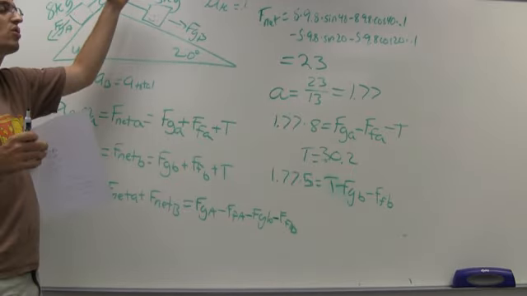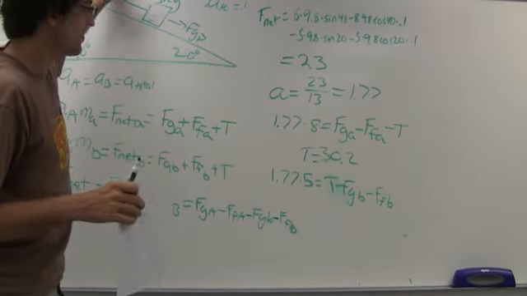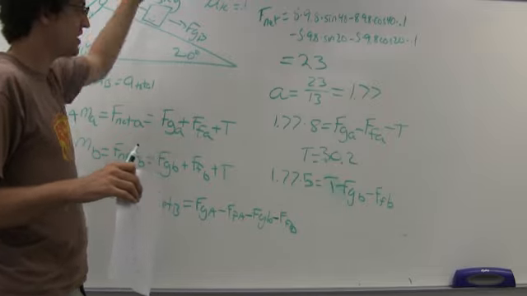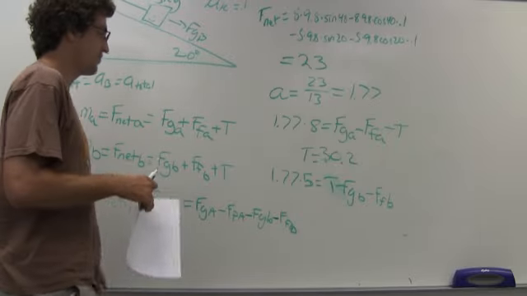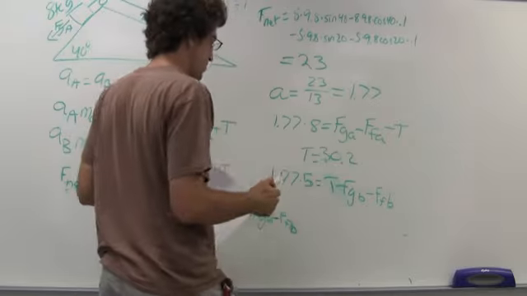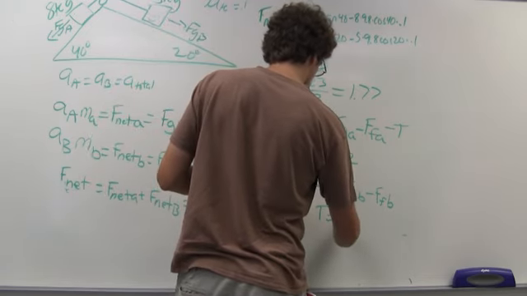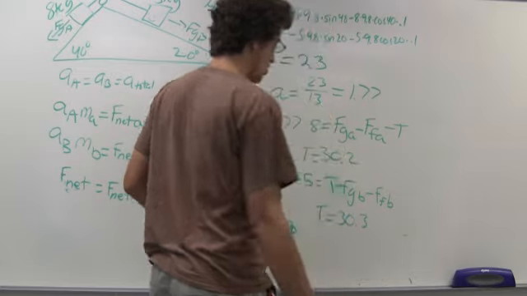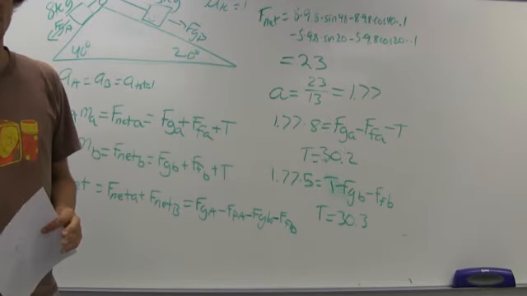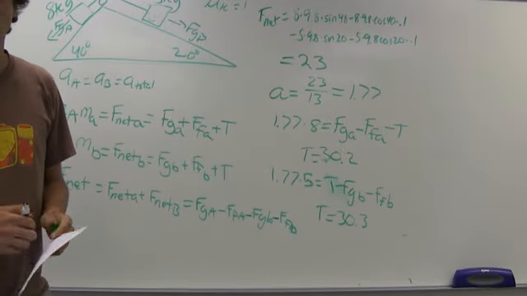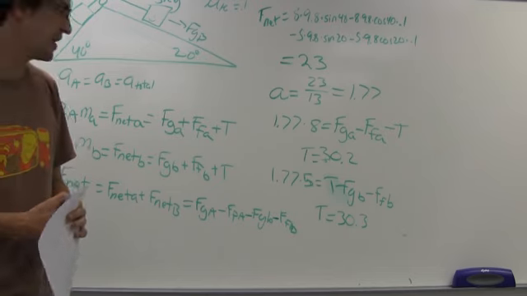Remember, this object is also going to the left. So left is going to be our positive, tension is positive, gravity and the force of friction are both negative. And again, we should get that tension equals 30.3, which is simply some sort of rounding issue somewhere along there. But it should be the same, and that's what we get.